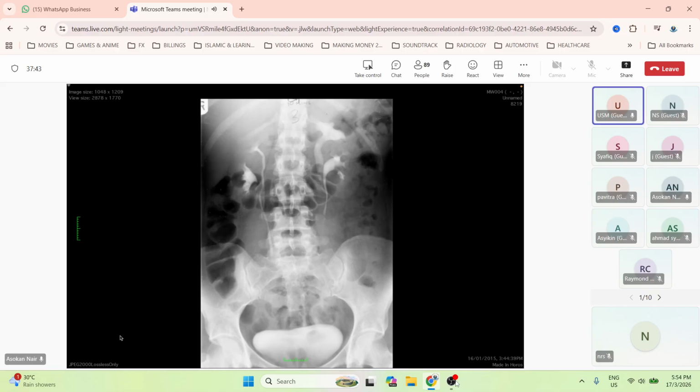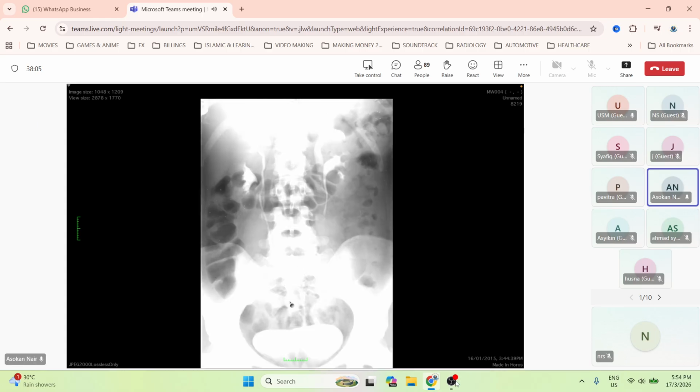Usually in the Weigert-Meyer rule, the upper moiety will be associated with ureterocele. Yes, okay. While the lower one will be associated with reflux. So the moment you see duplex, you want to look for whether it's dilated or not dilated. Number one. Number two, you want to see if there is any ureterocele.